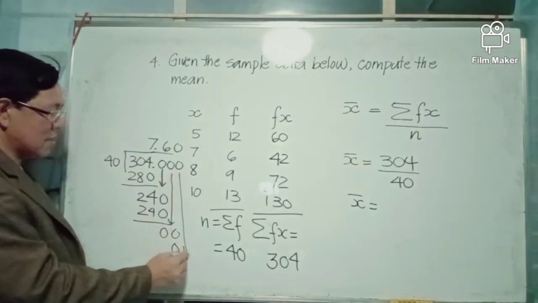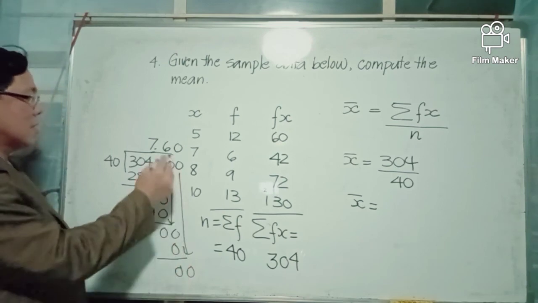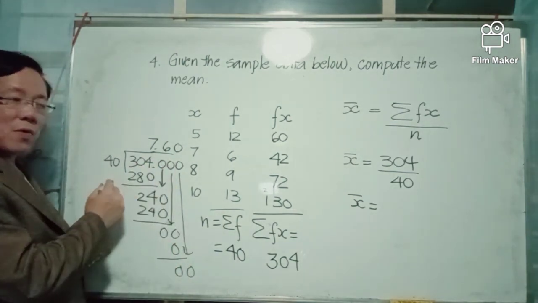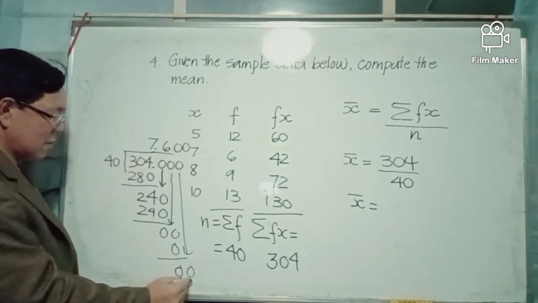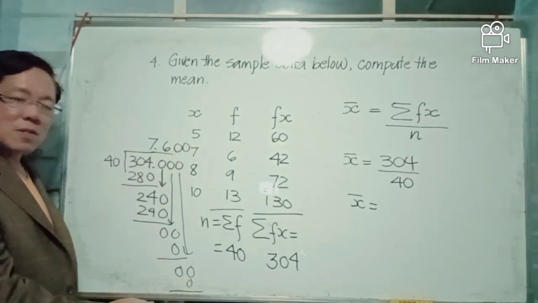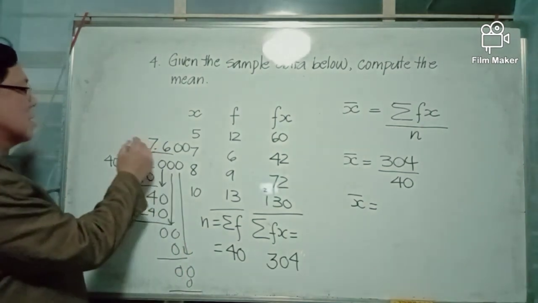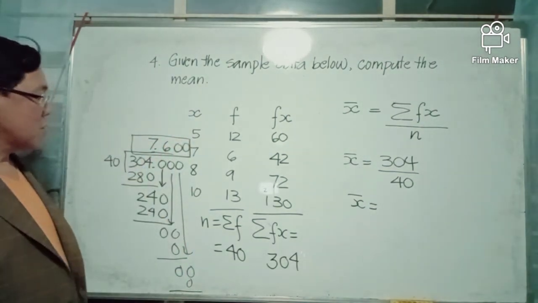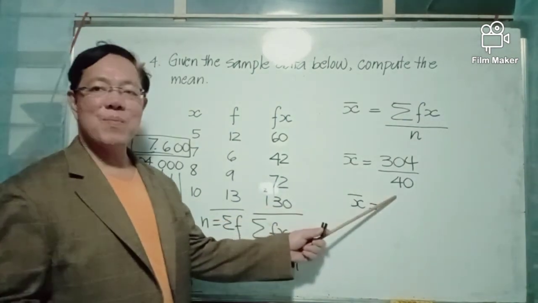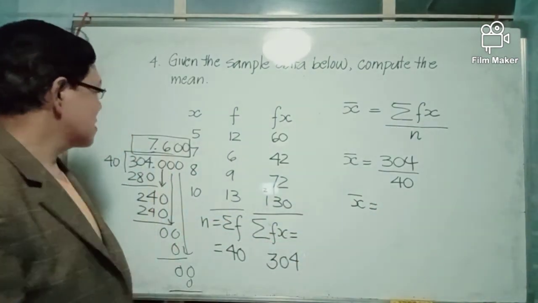Bring down the last 0. 0 divided by 40 is 0. 0 by 40 is 0. And 0 minus 0 is 0. Hence the quotient 304 divided by 40 is 7.60.